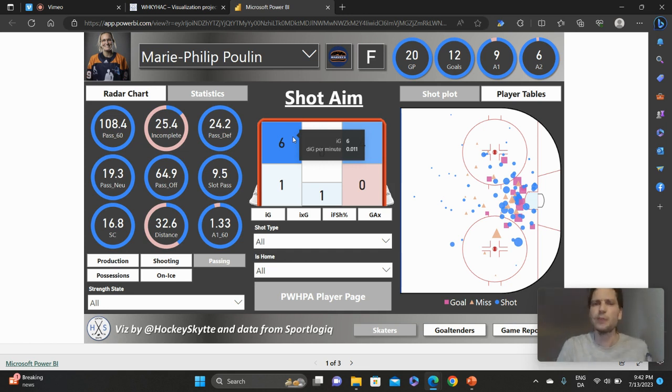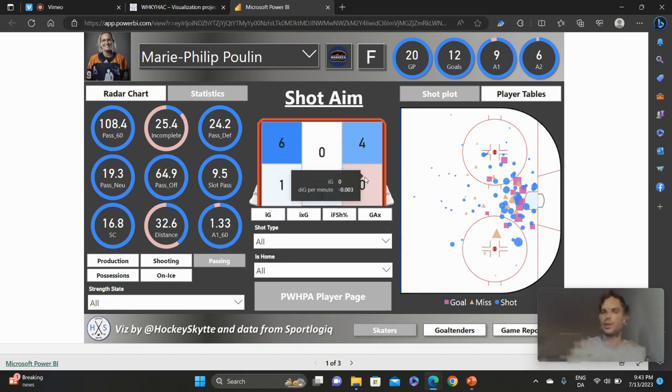This means that for every minute of ice time, Poulin is scoring 0.011 more goals than the average forward in the top left corner. This may sound like a small number, but that's actually a really high number, which is why it's very blue. Now, if it's red, it means there's a negative value, so she's scoring less than the average forward per minute.